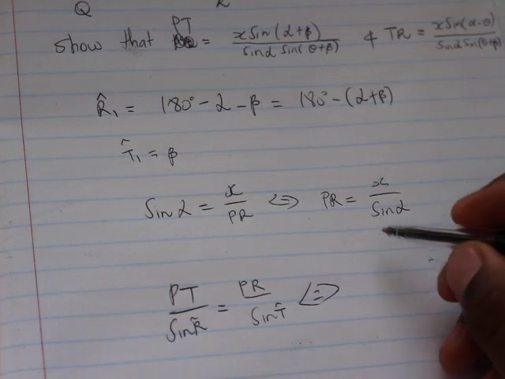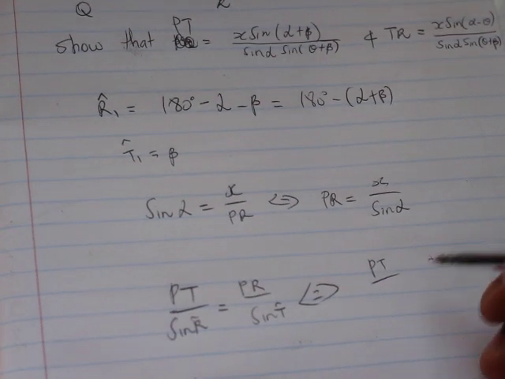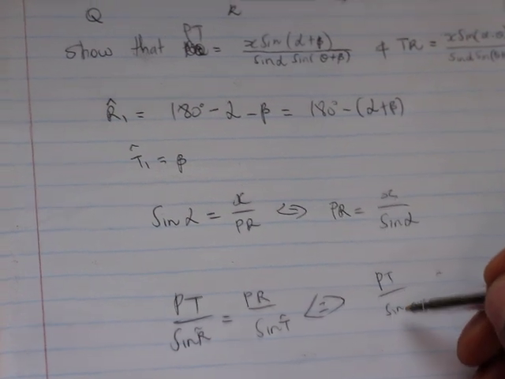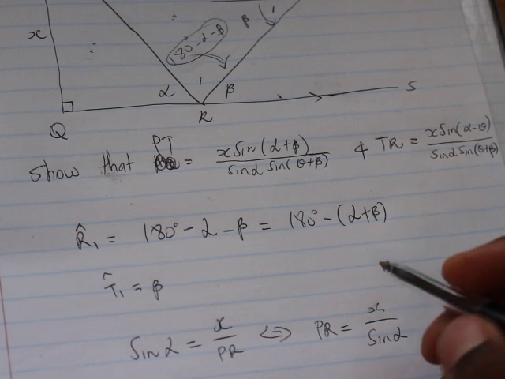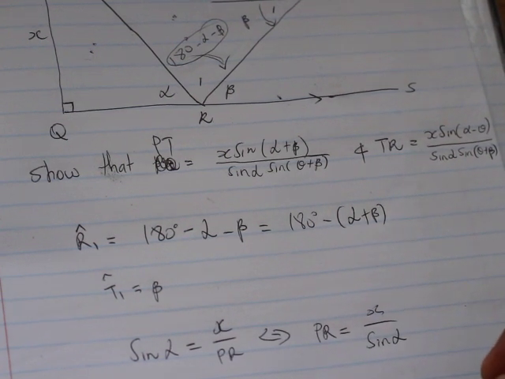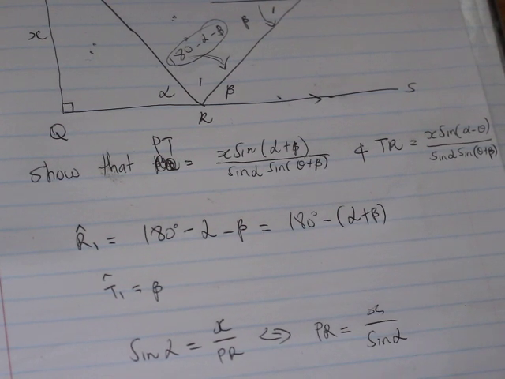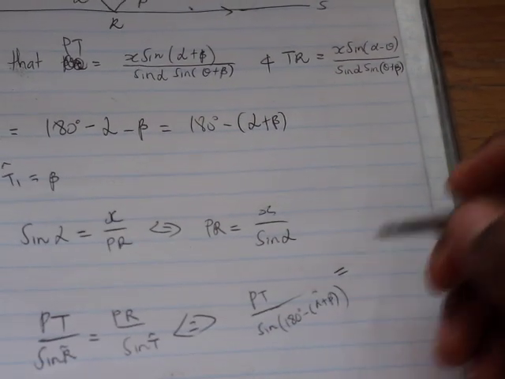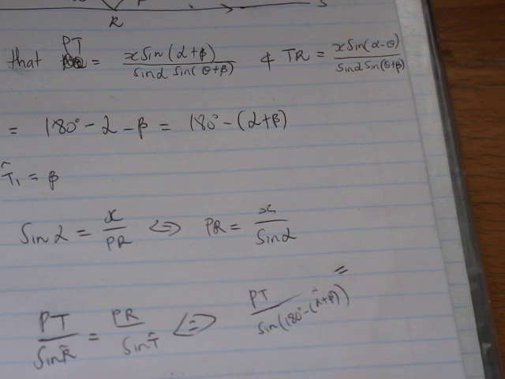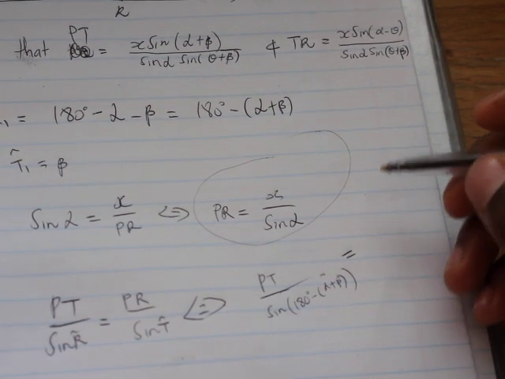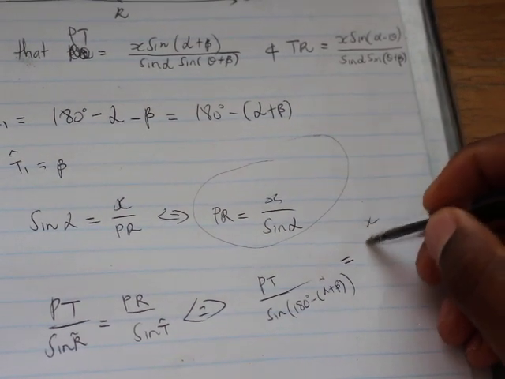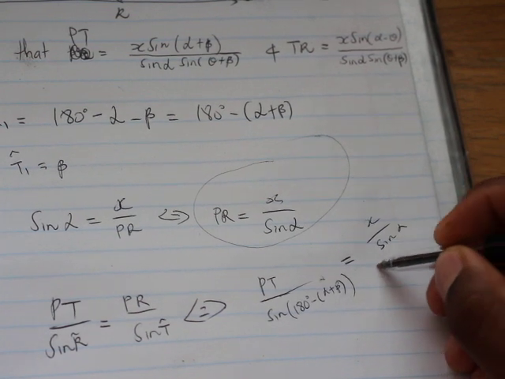PT is unknown, that's fine. The sine of angle R, remember we said it's 180 degrees minus (theta plus beta), is equal to PR over the sine of T. And PR is just x over the sine of alpha.